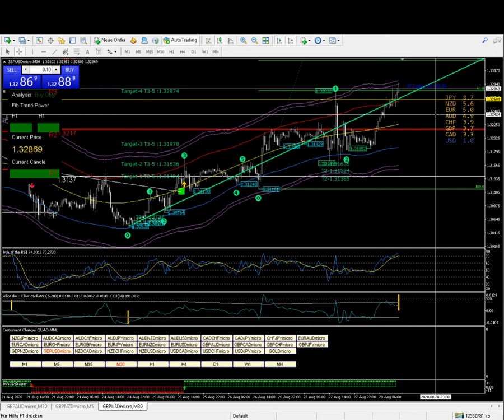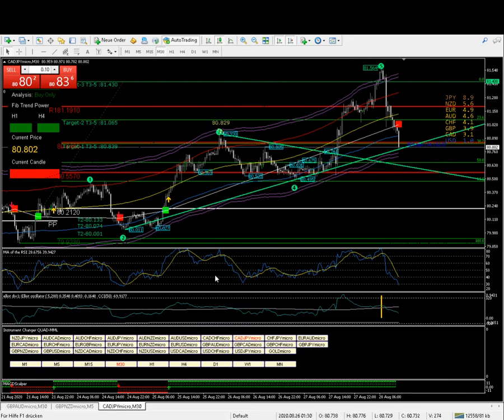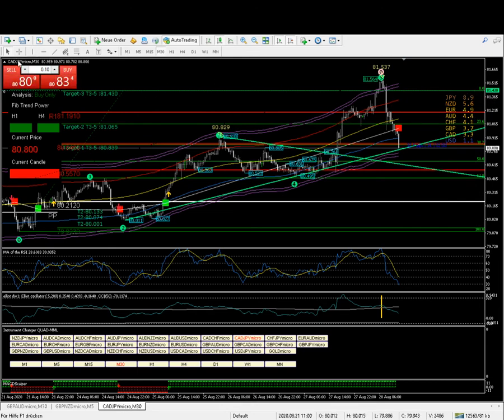Here we have Canadian dollar, Japanese yen.